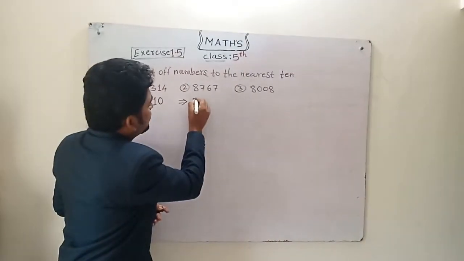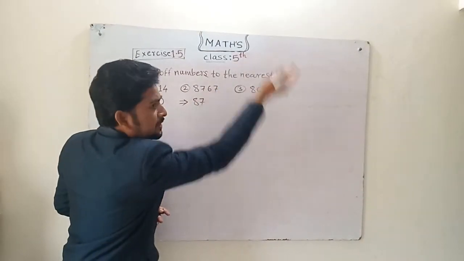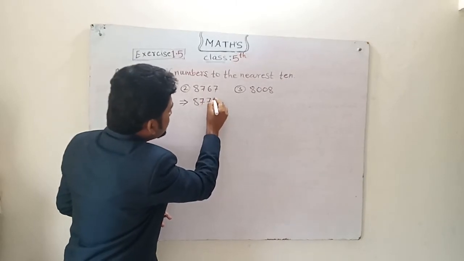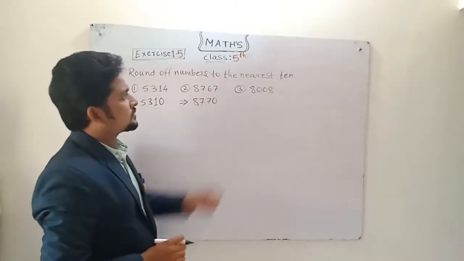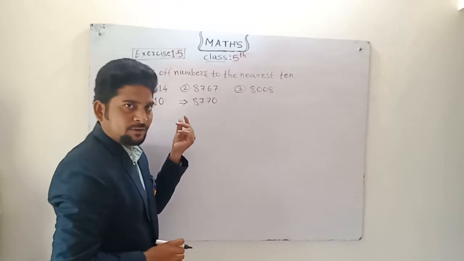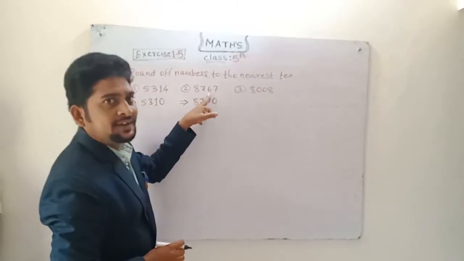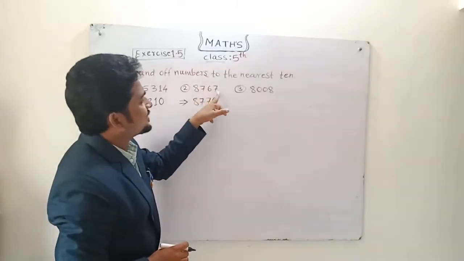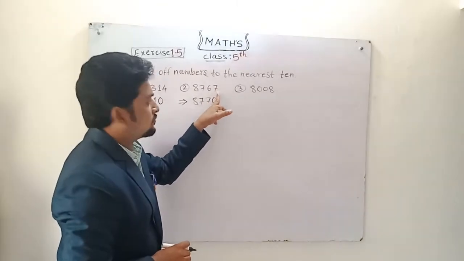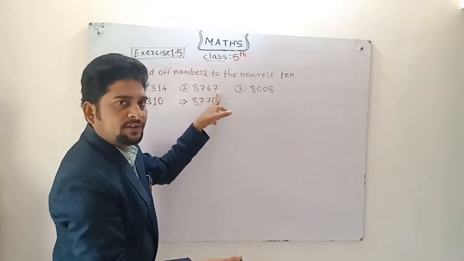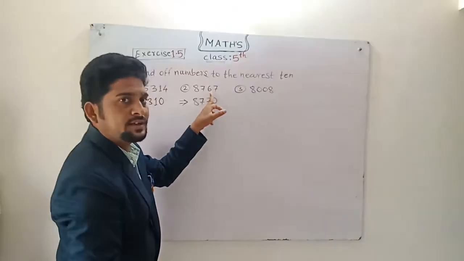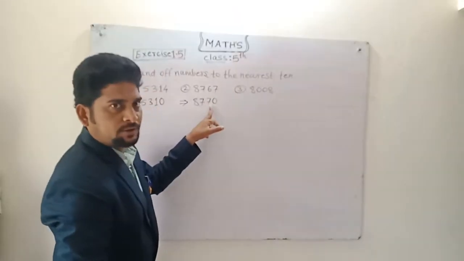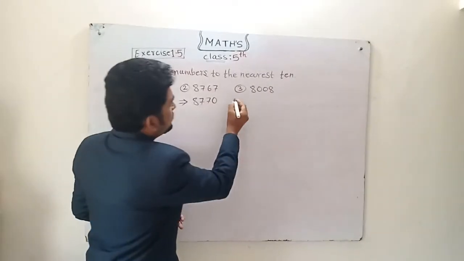Okay. 8, 7 will be as it is. 6 converted into 7 and we have to put the 0 because they ask nearest 10. Okay. Got it? Why is 6 changed? Because this 7 is more than 5. If it is 5 or more than 5, then 6 will change into 7. Got it? Next.